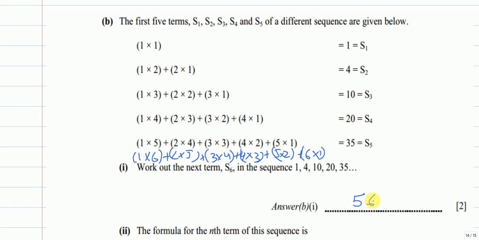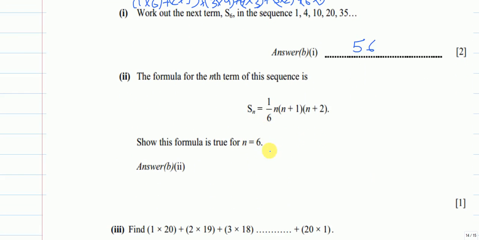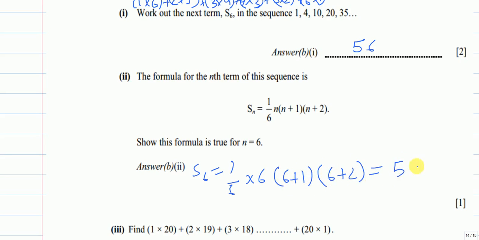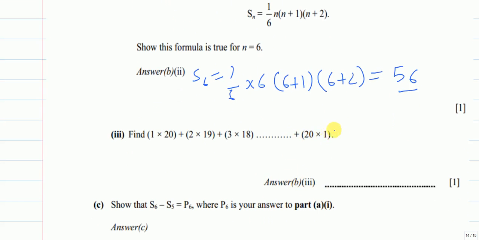Okay, this will be my 6th term, and in the next part, like our part A, we have to just confirm if our 6th term is correct. So I will say S6 is equal to 1 over 6 times n, and this time n is 6, into n plus 1, which is 6 plus 1, into n plus 2, which is 6 plus 2, and by using your calculator you will get 56. Okay, for the next part, again we have to see the last term, because this is the one we are looking for.